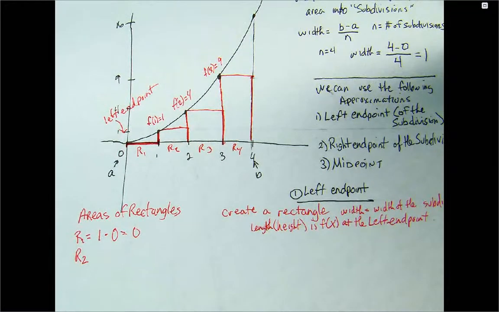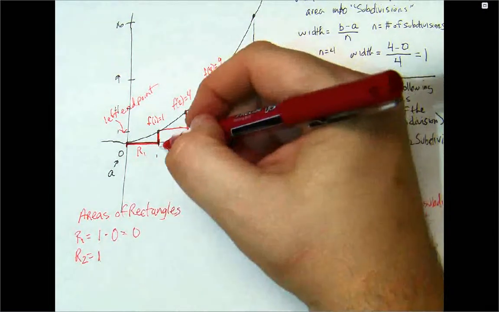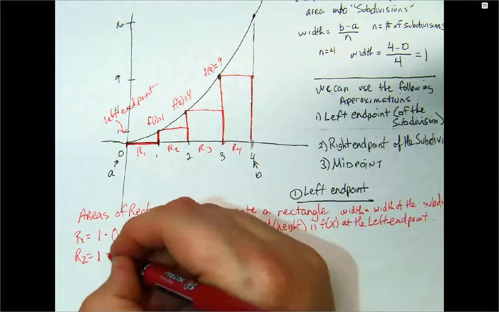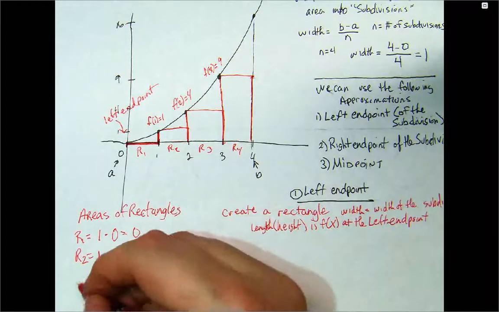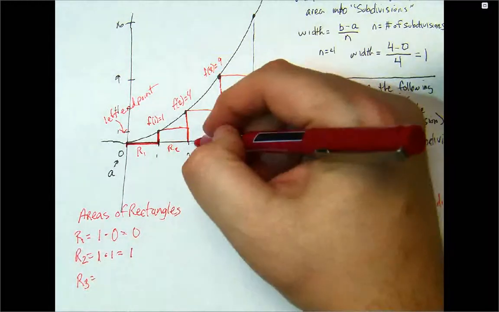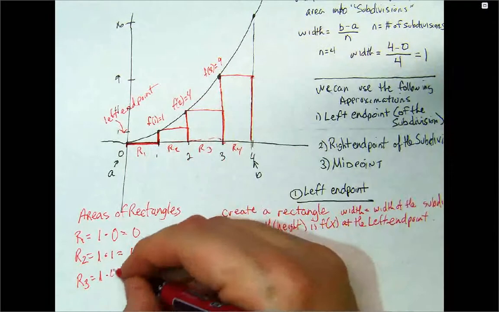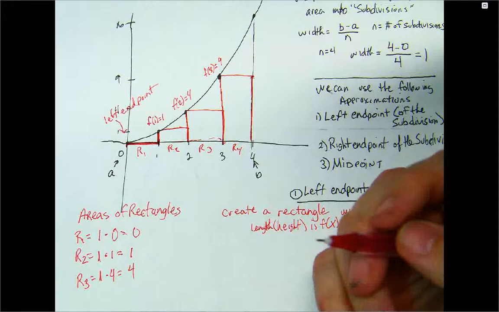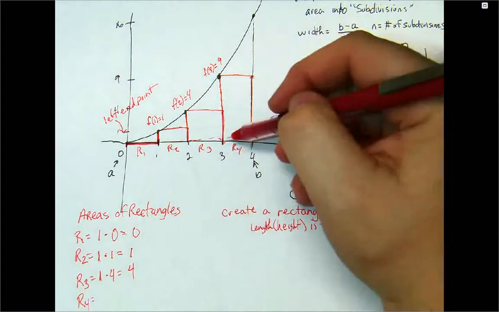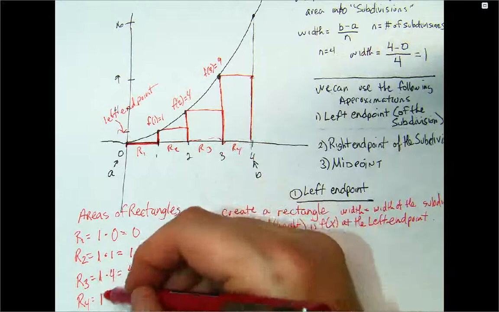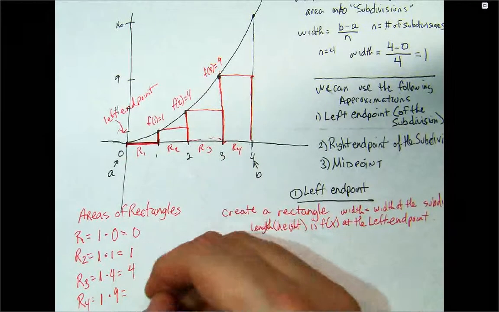The width is 1. What's the height? 1. So it's 1 times 1, which is 1. Rectangle 3, what's the width? 1. What's the height? 4. So I get a 4 out of this. And rectangle 4, the width is 1. What's the height? 9. So that's a 9.